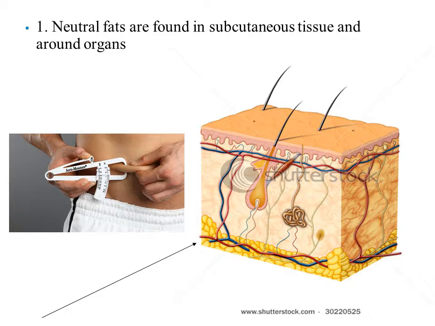Below that is the dermis, and deep down in the bottom where it's yellow, that is our hypodermis. In the hypodermis is where our neutral fat will be found. Another name for neutral fat is triglyceride. By utilizing this piece of equipment on the left, you can measure the thickness of your neutral fat.